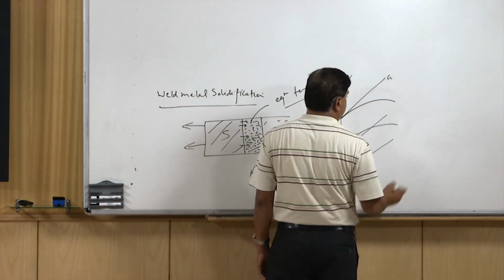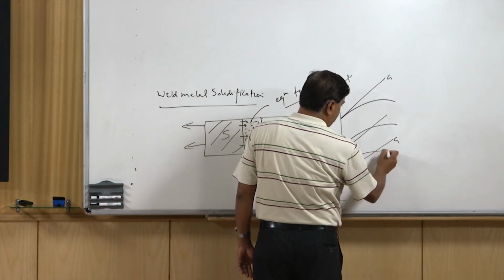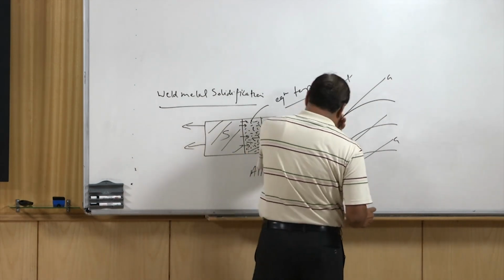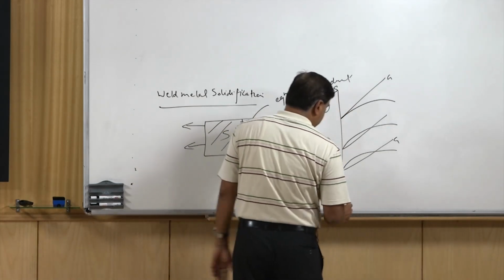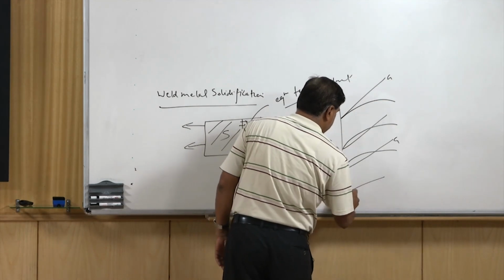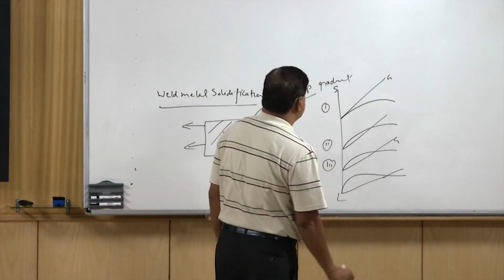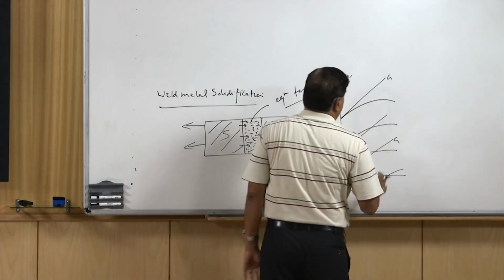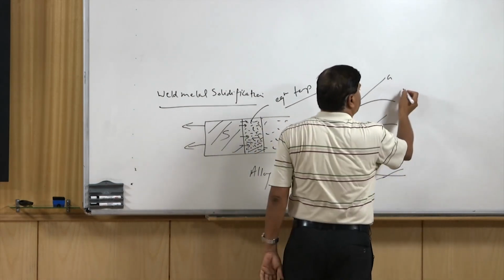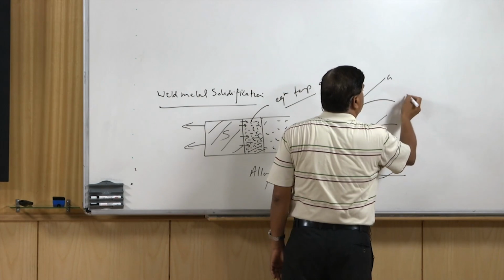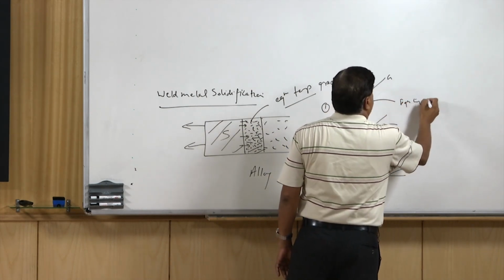This actual temperature gradient is termed G, and the equilibrium temperature gradient is this, which is increasing in terms of the concentration. So here the equilibrium temperature gradient is below the actual temperature gradient.